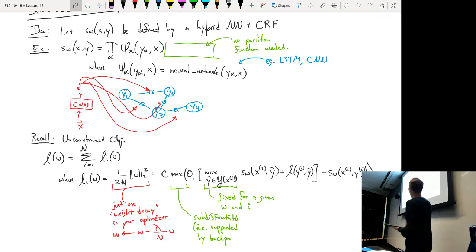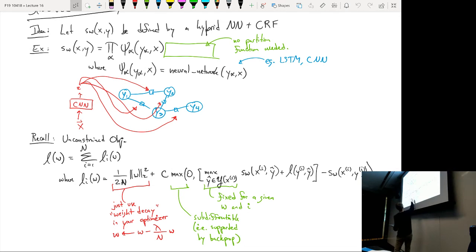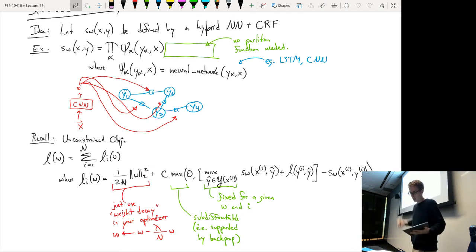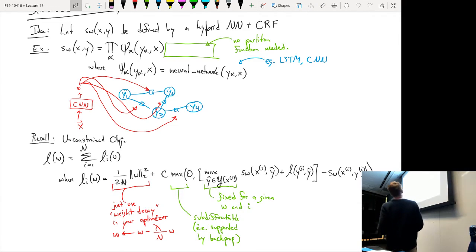So you can include this max in your actual loss function definition. We know how to get a subgradient of it. This one, we don't really backpropagate through, but rather it's fixed for a given W and i, and so we can work with it directly.